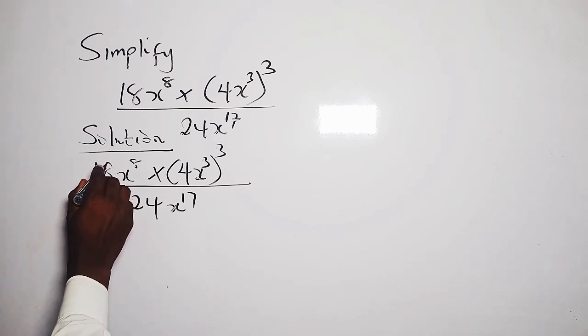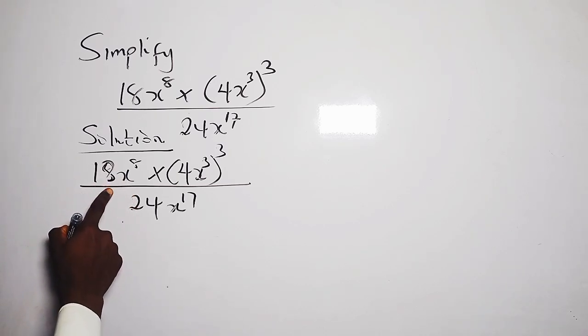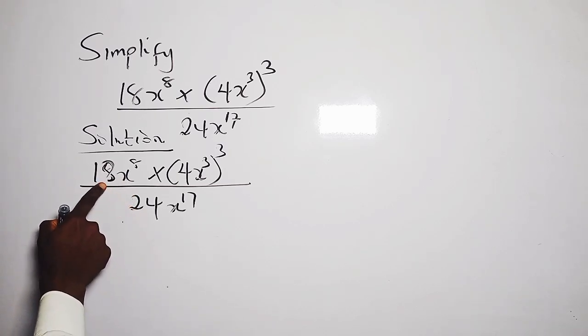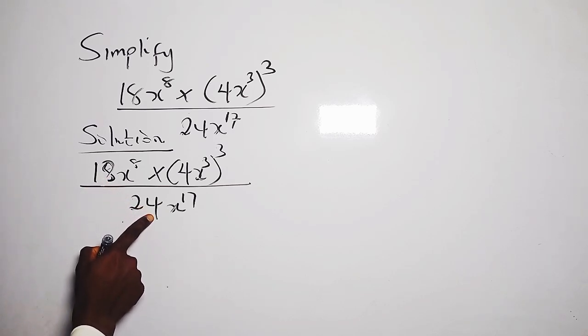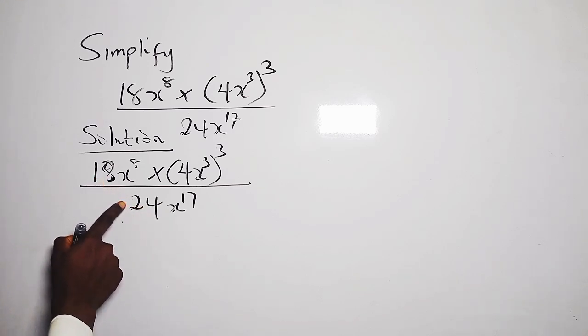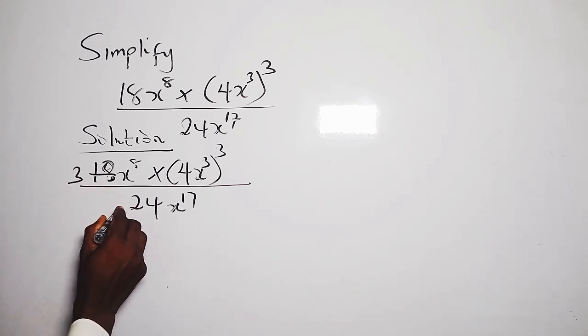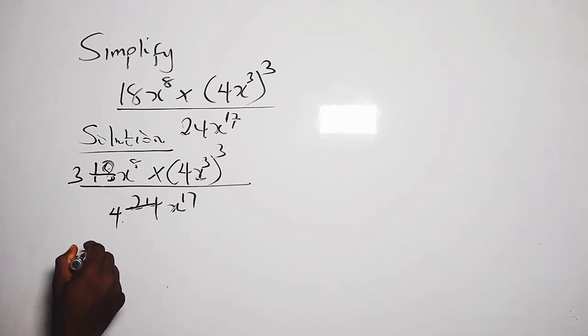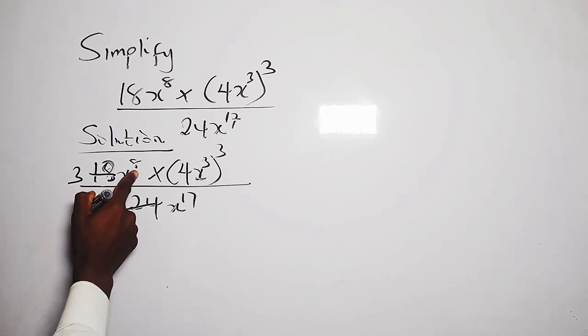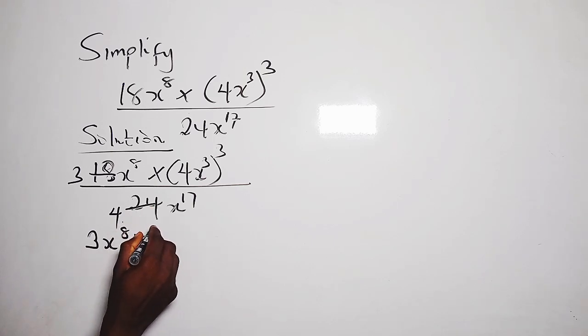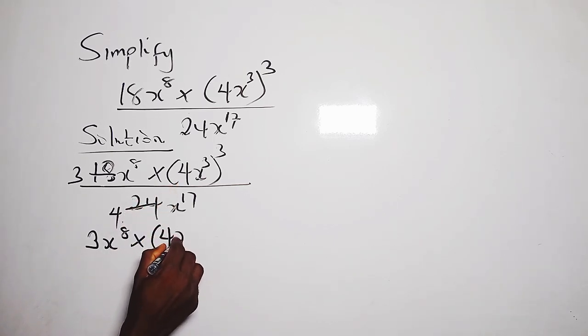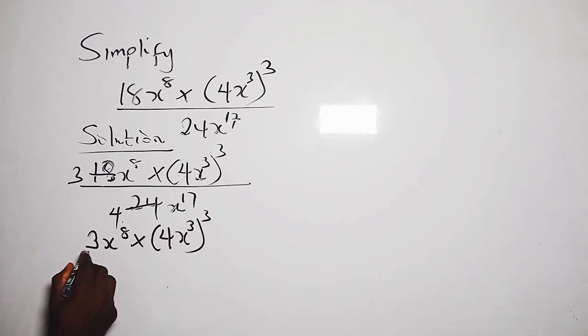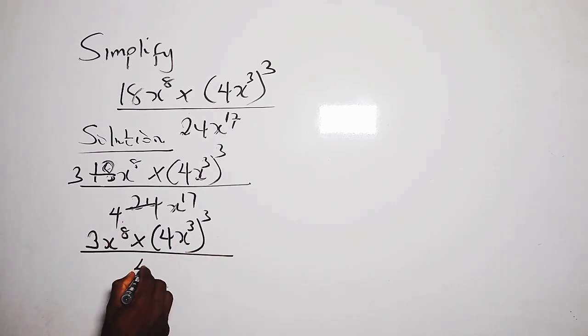When we look at the constants, we have 18 and 24, so we can simplify this. We can use 6: 6 times 3 is 18, 6 times 4 is 24. So we have 3x raised to the power 8 at the numerator times 4x raised to the power 3 raised to the power 3, divided by 4x raised to the power 17.